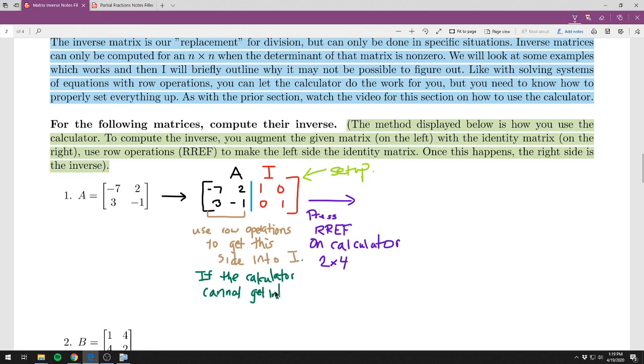So if the calculator cannot get this side into the identity matrix, then there is no inverse. All right, and what you would have to put is D and E. All right, but let's go ahead and RREF this thing.